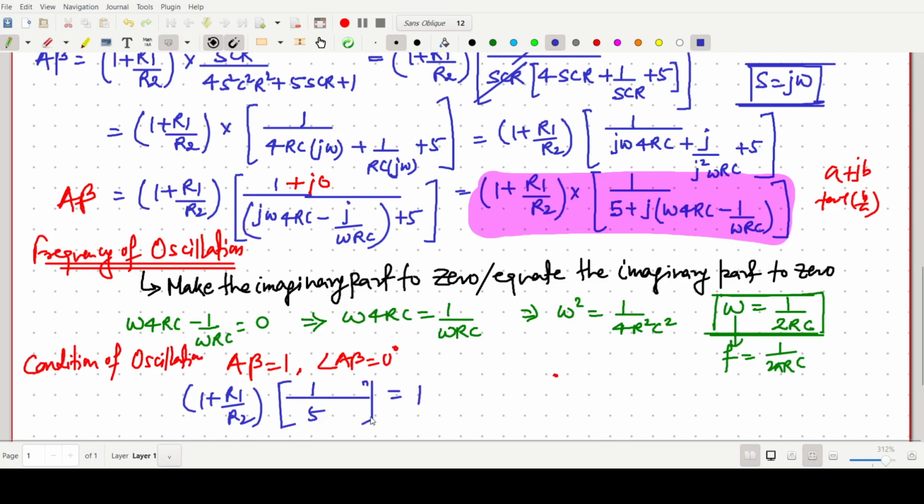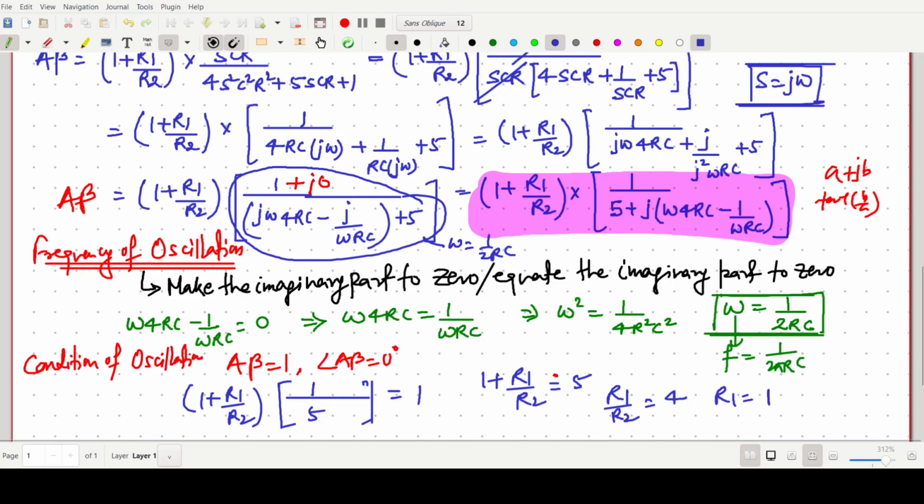Means the magnitude of this one, by keeping omega equals to 1 by 2 RC, it will give 1. So 1 by 5. So 1 plus R1 by R2 equals to 5 will come here. Then R1 by R2 equals to 4.